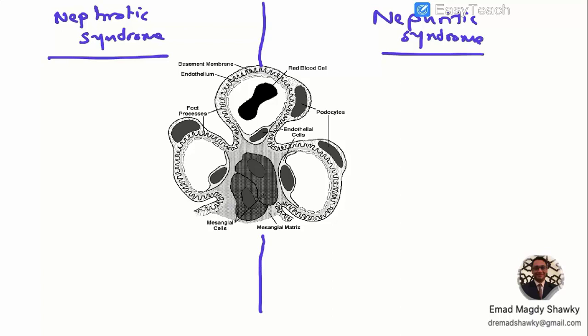Number one, the site of the problem or the site of affection. Here are the podocytes and foot processes. So in the nephrotic syndrome, the affected structure is the podocyte and the foot process. So those are the affected structures.